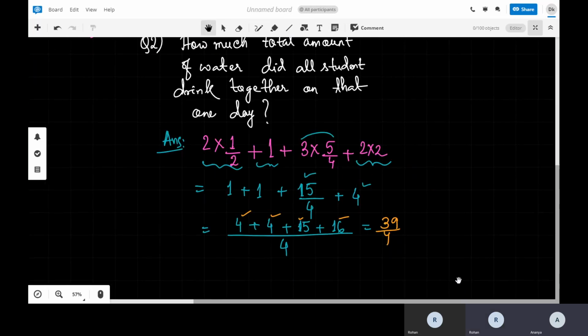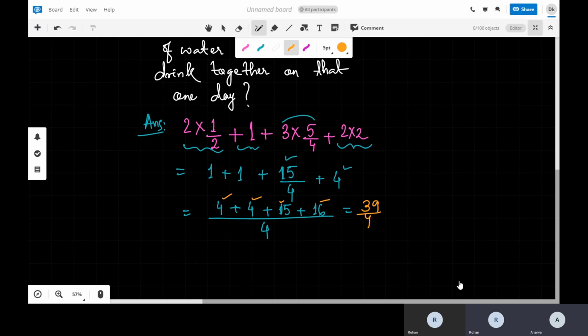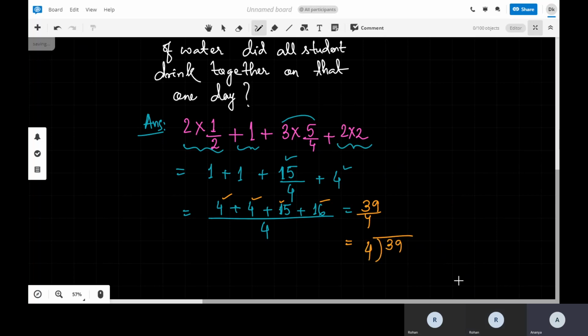Let's just calculate and find out. So 39 over 4, if we just divide it and find the answer. 4 times how much do we take? You take 9. 4 times 9 is equal to 36, right? So 39 minus 36 is 3, correct? Therefore, this is 9 and 3 over 4, equal to 9 whole 3/4 liter.